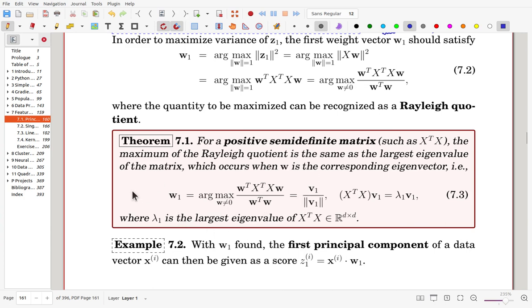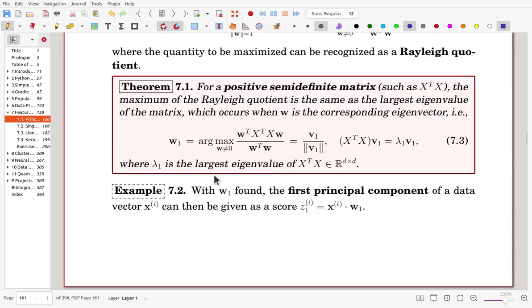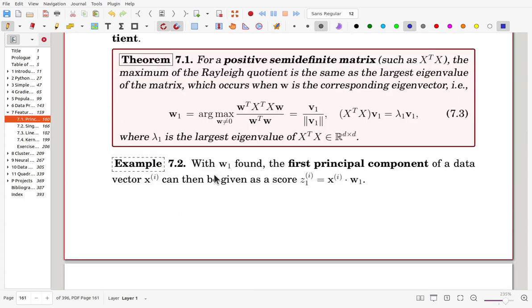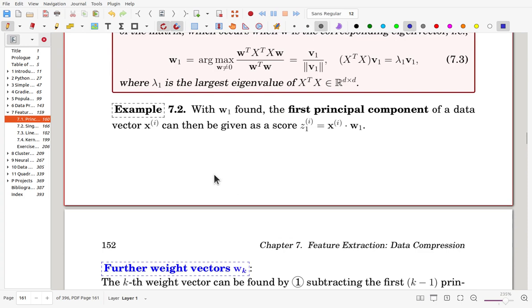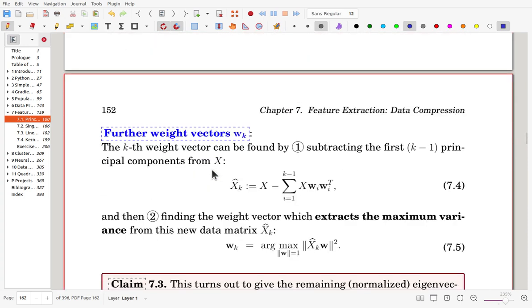Now this theorem gives how to find the first column of the W matrix. However, for the other columns, W2 and W3 and so on, here we assume that the first k-1 weight vectors are found.